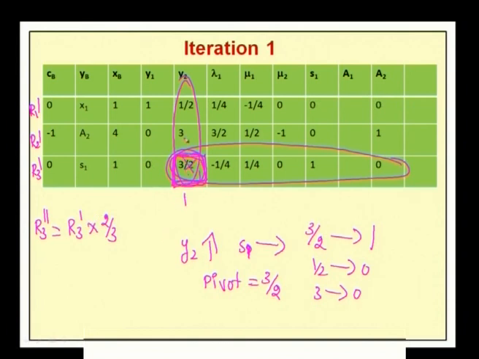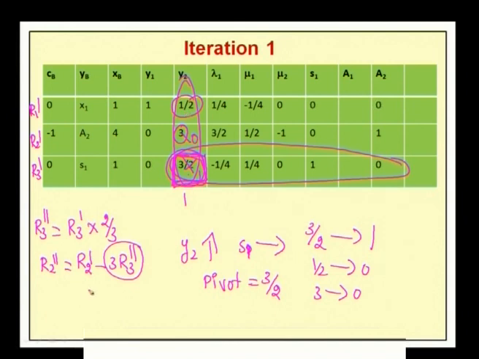Now, we have to make the remaining elements in that column 0. To make this 3 as 0, from R2 dash we subtract 3 times R3 double dash, which converts this 3 into 0. Next, we have to make this 1 by 2 as 0.